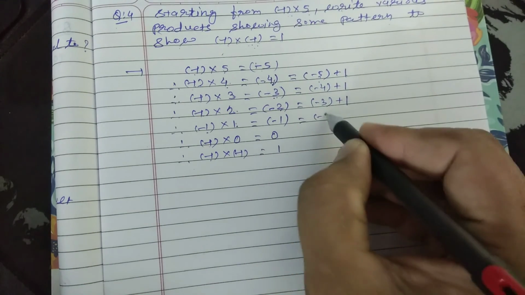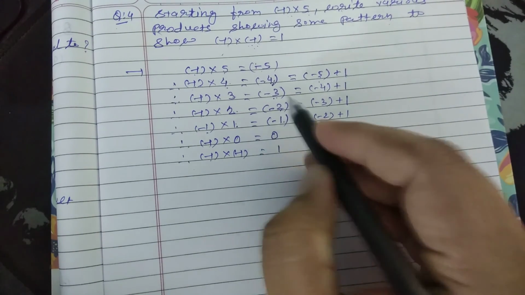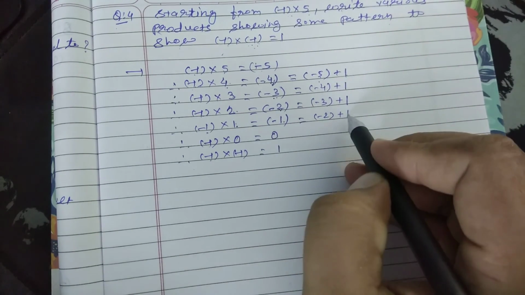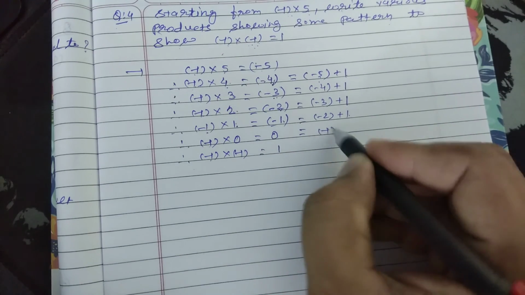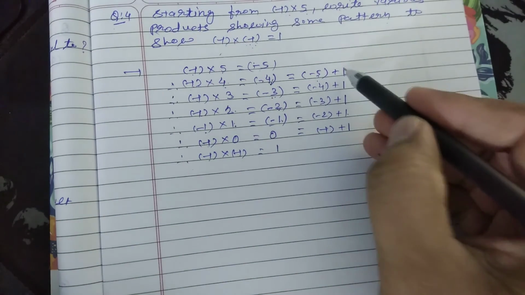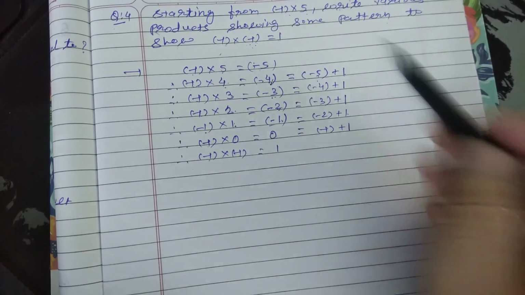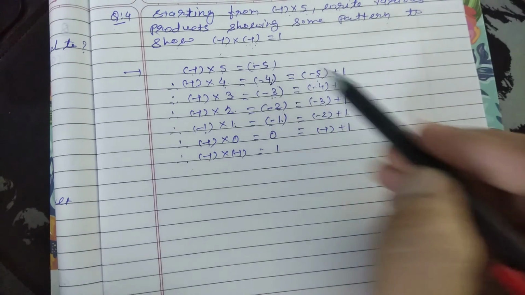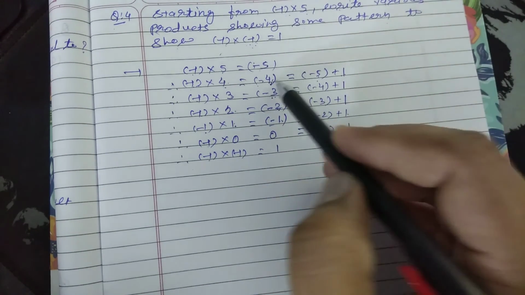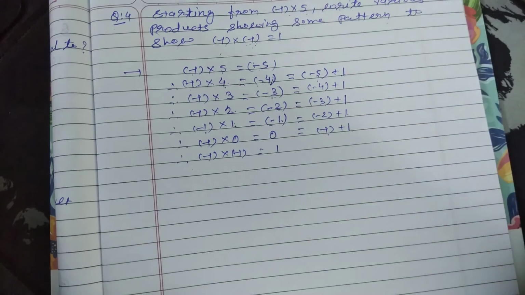In minus 2, when you add 1, you get minus 1. Same way, in minus 1, when you add 1, the pattern is there: plus 1 we are adding to the above answer. So minus 1 plus 1 is 0.